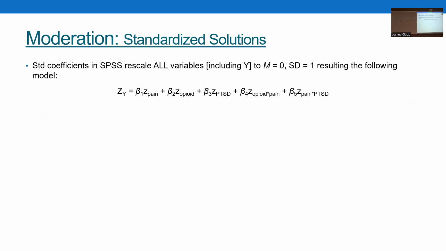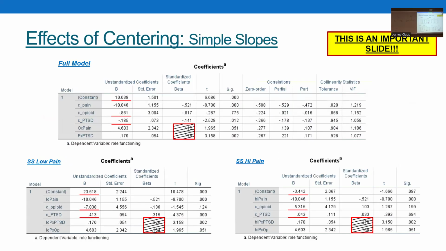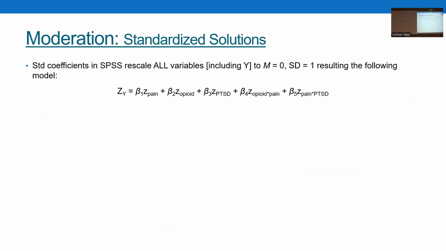The product of opiate use and pain and the product of pain and PTSD as two separate variables in your data set. What SPSS is going to do is the same thing it always does. It's just going to take the z-score of everything and regress the z-score of your outcome on the z-score of all your predictors, right?